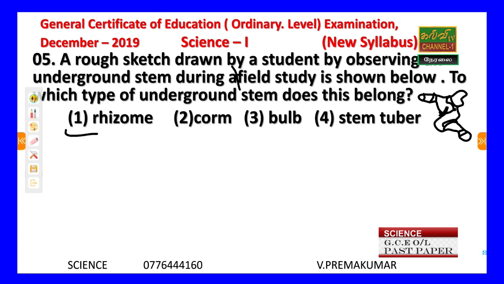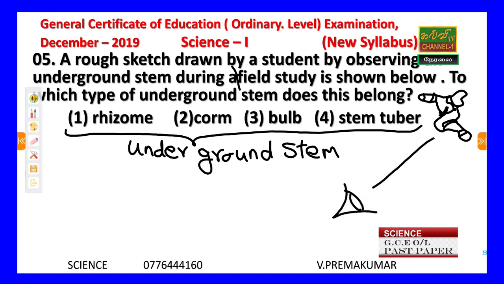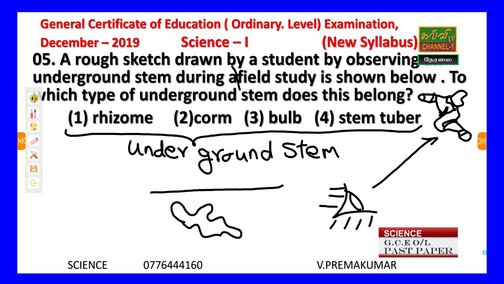These are all underground stems. But when you see ginger, someone can say we find it under the soil, and we find some leaves here, and some small scale leaves like this.